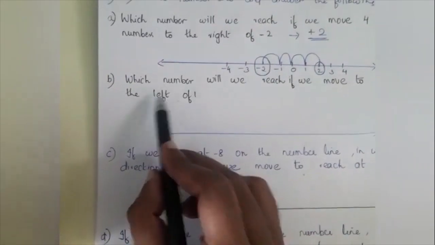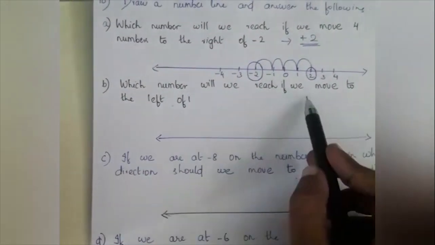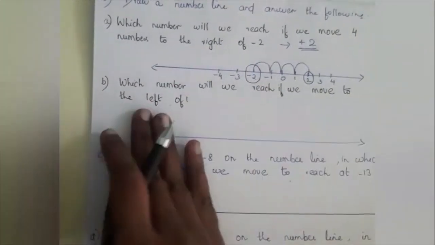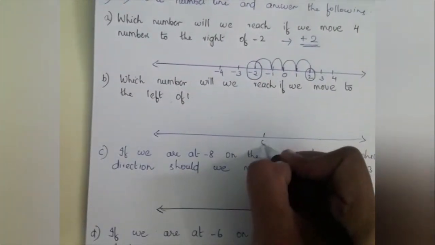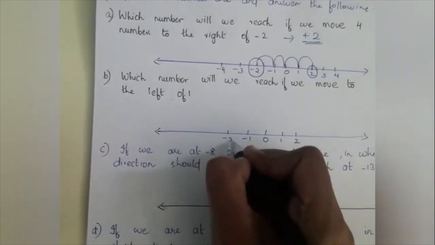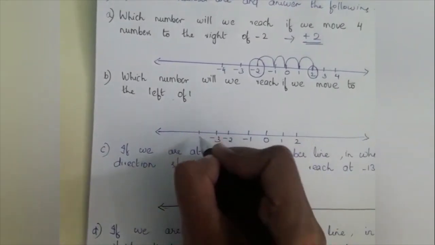Next, which number will we reach if we move 5 numbers to the left of 1? Left means this side. So I am drawing the number line: 0, 1, 2, minus 1, minus 2, minus 3, minus 4.